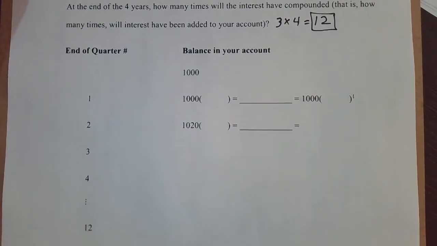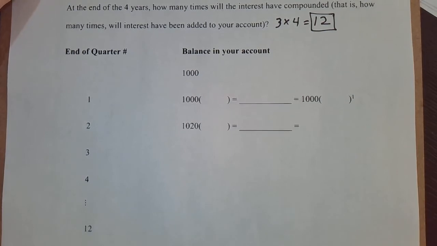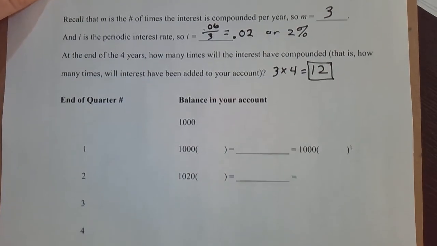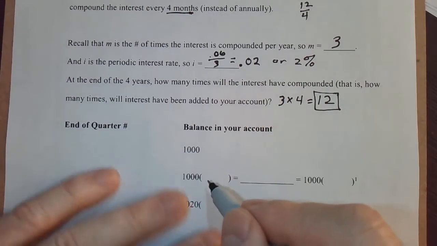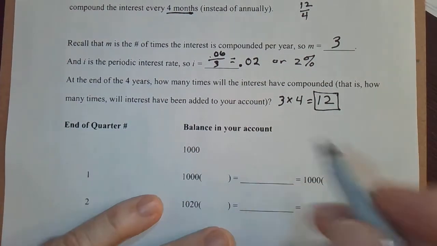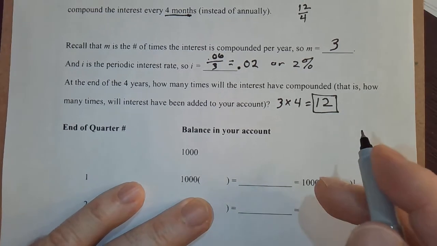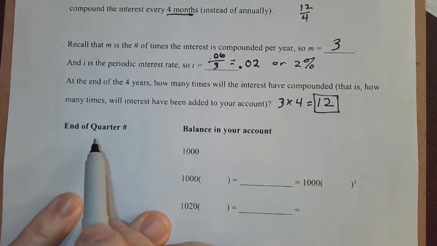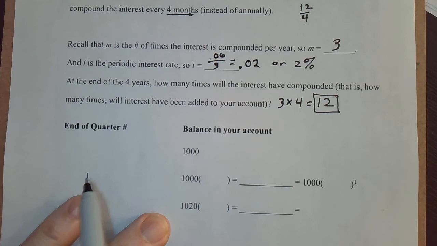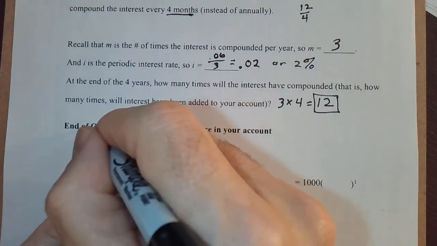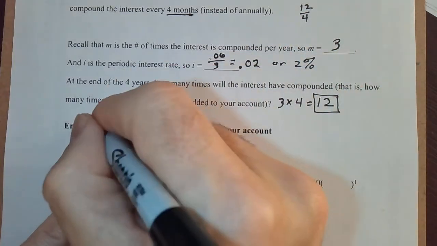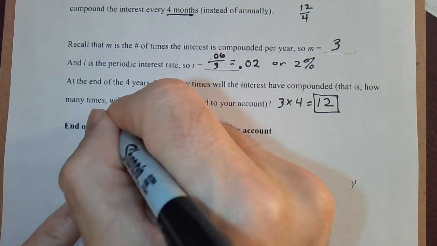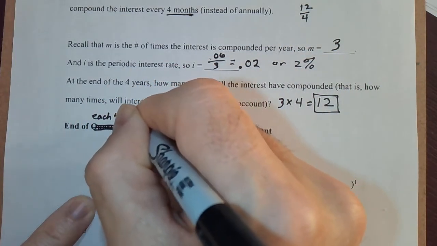I'm just going to write out a few of them. So just like before, we started with $1,000, and then what am I going to multiply that by at the end of the first, that's not even a quarter, that's the end of each 4 months.